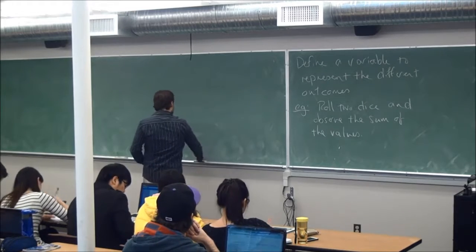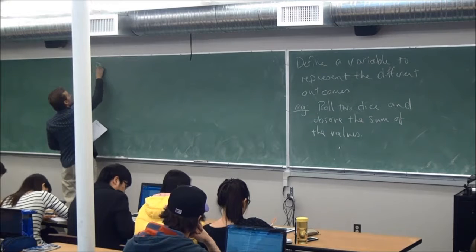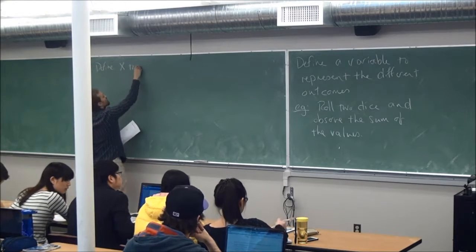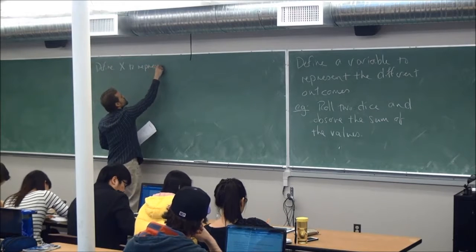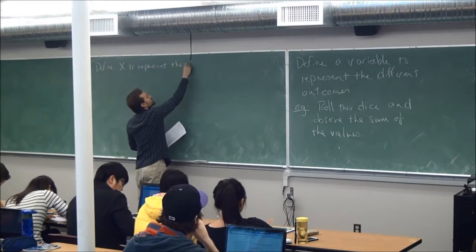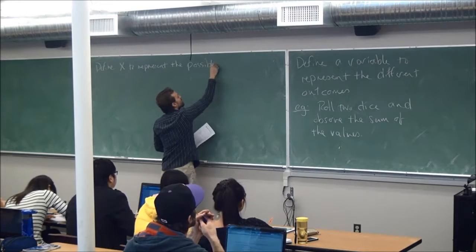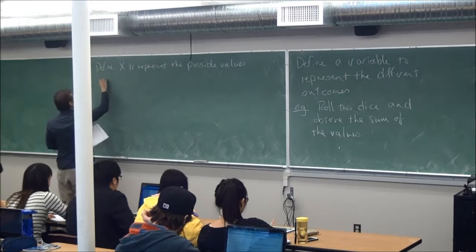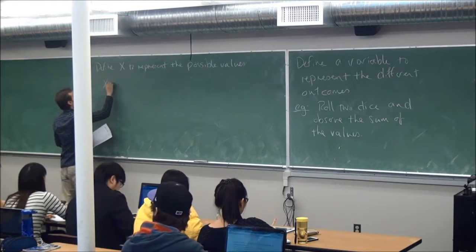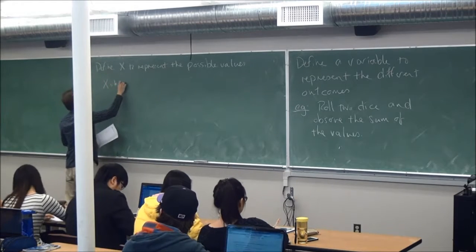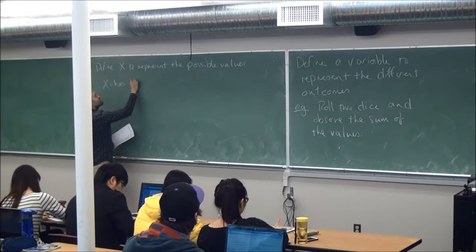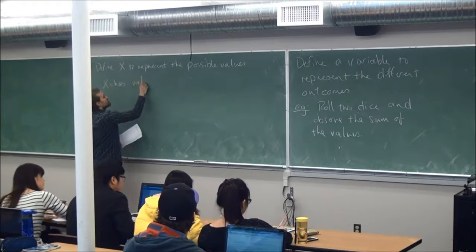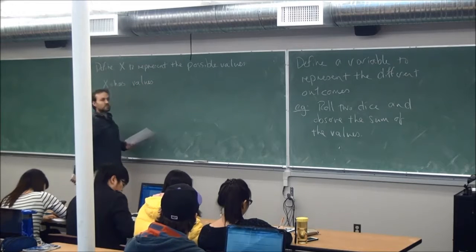So then I can define X to represent the possible values that I can get. So X can have values. What are the values that X can have?